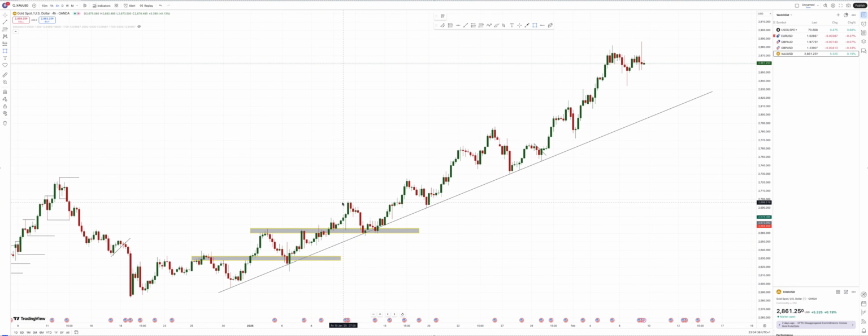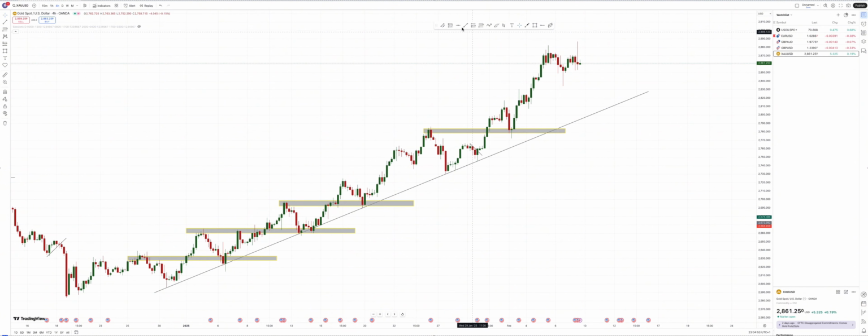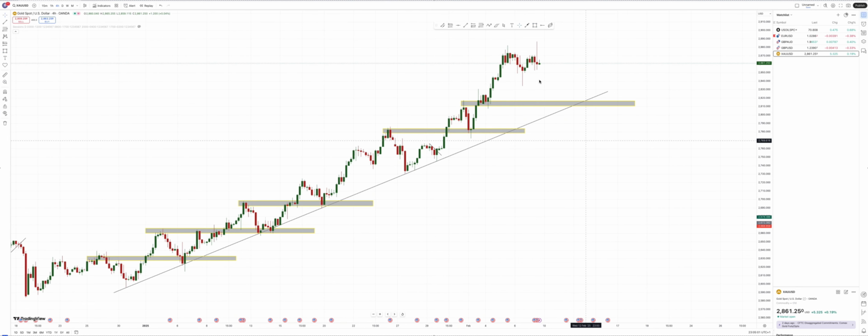So let's look at this. I can basically tell you that on gold, wait for price to come to this area, then buy.